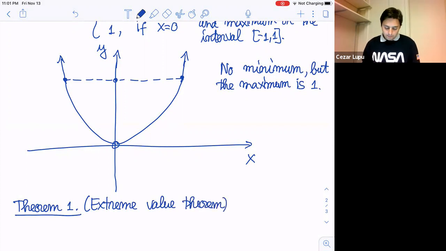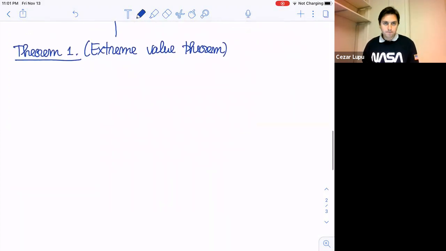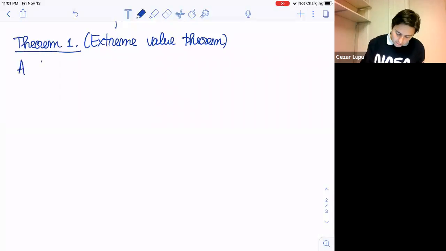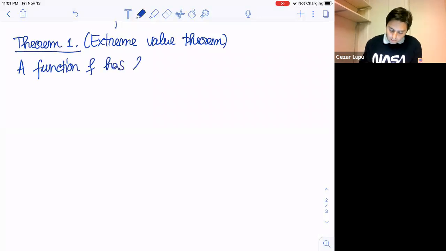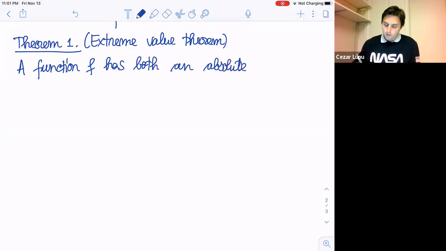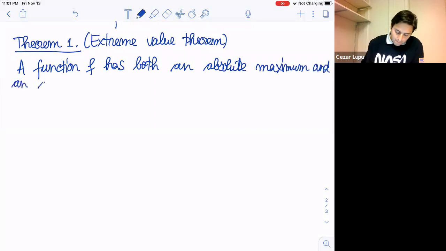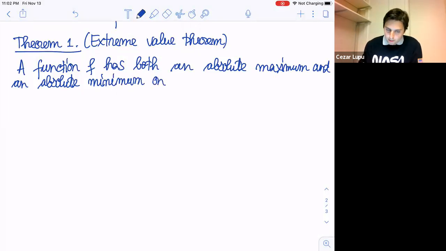It says that a function f has both an absolute maximum and an absolute minimum on a closed and bounded interval.